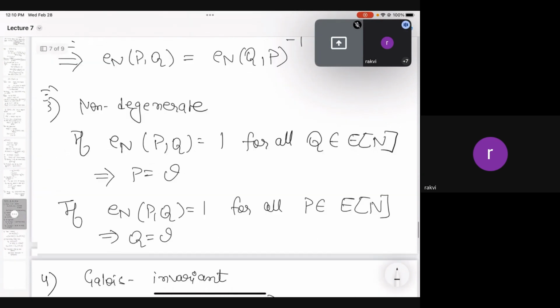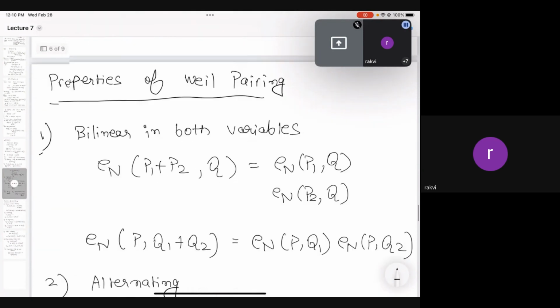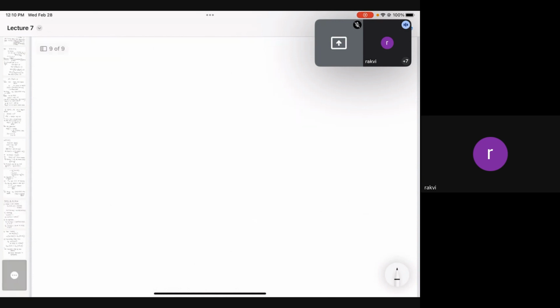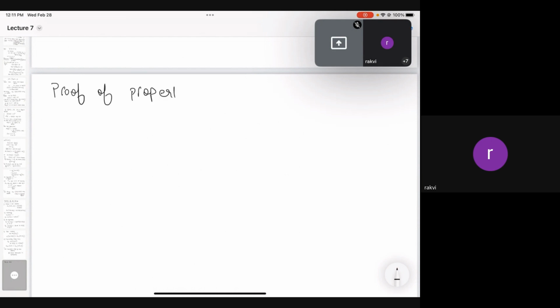So let me write it again: proof of properties. The first property is that it's bilinear in both variables.